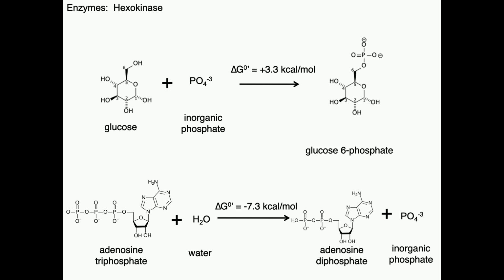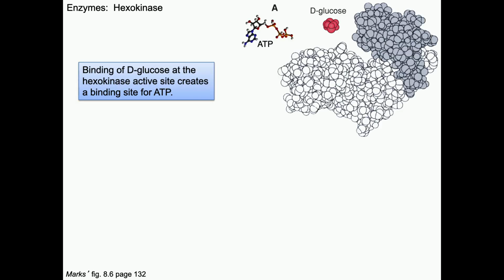Okay, so how the hexokinase does that, when we talked about protein structure, I think I mentioned a lot of enzymes and particularly the monomeric enzymes like hexokinase that are soluble, they have like a Pac-Man type shape, right? It's roughly a globular enzyme.